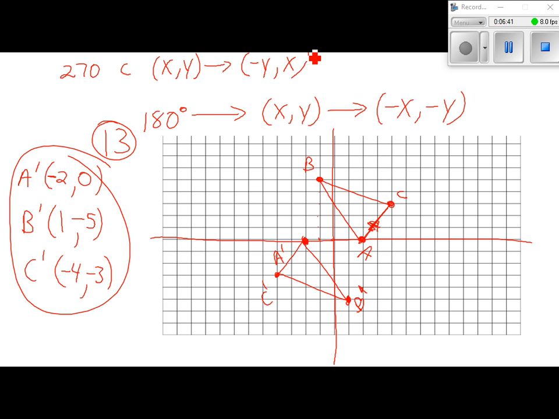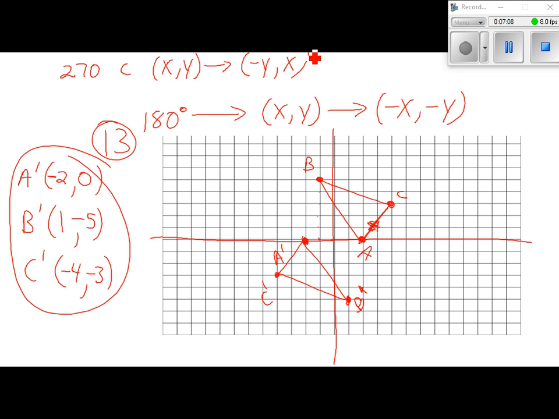So if our A started off (2, 0), what's A prime end up? (0, negative 2). It's alright if I don't write down each of the original points, you can look at your book. What's B? B starts off (negative 1, 5).